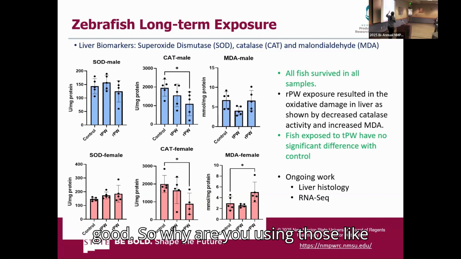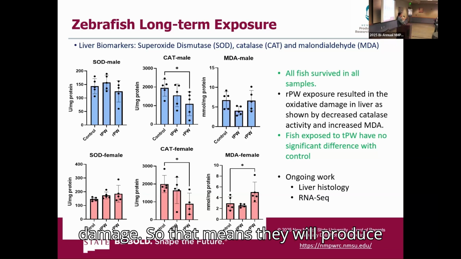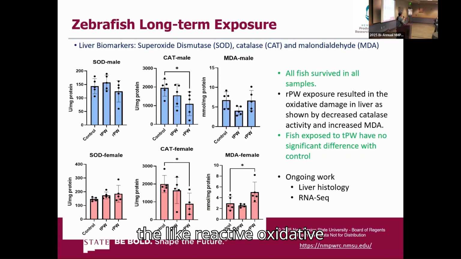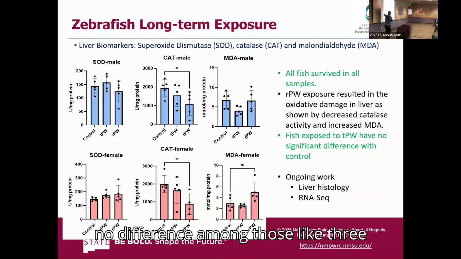Why are we using these oxidative stress markers? Because many compounds, especially toxic compounds, can cause oxidative damage, meaning they will produce reactive oxygen radicals. As you can see, for SOD there is no difference among the three waters.